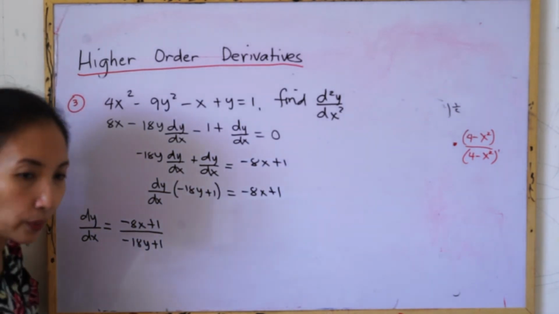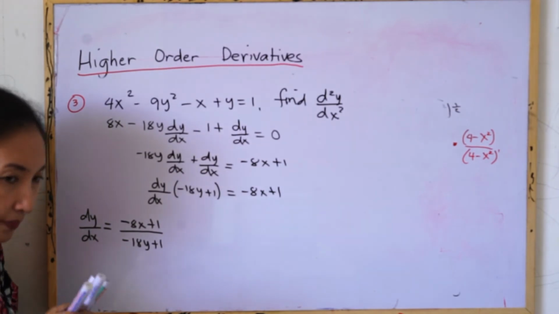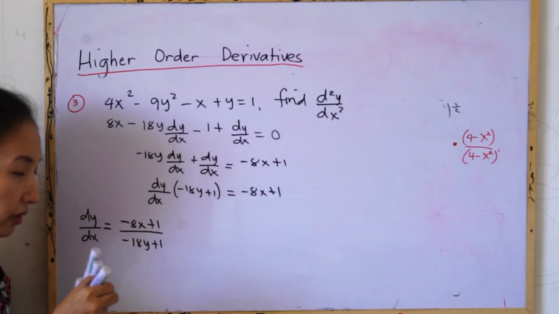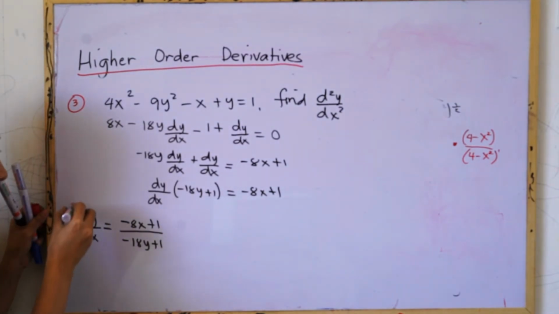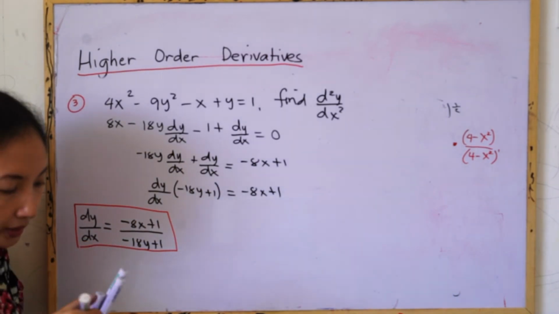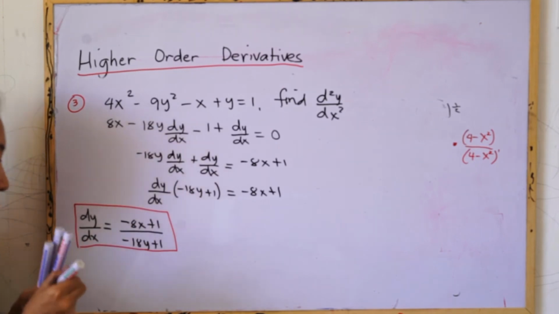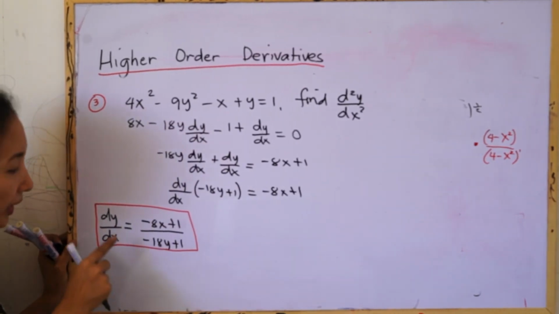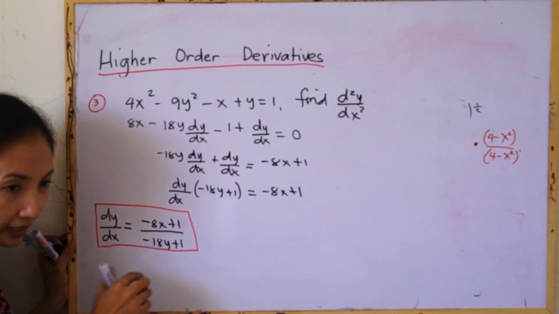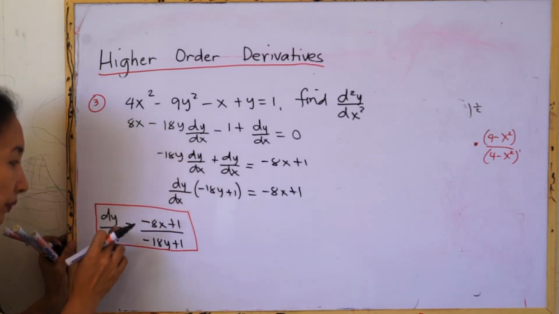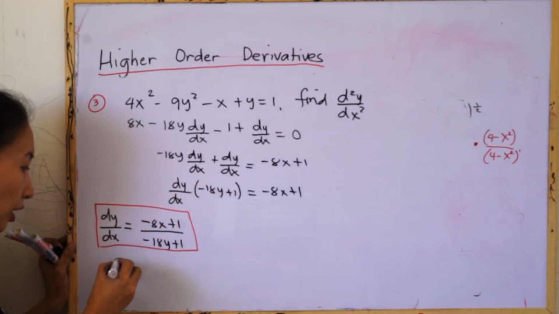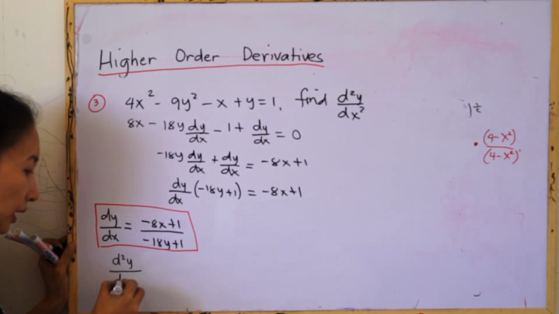Okay, so we're done with the first derivative. Now we proceed to getting the second derivative. We get the derivative of the left and the right side of the equation. The second derivative will now be d squared y over dx squared equals.